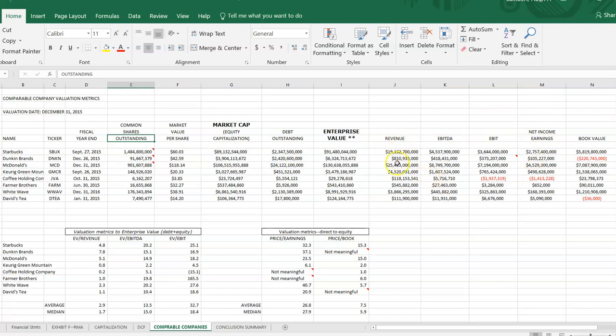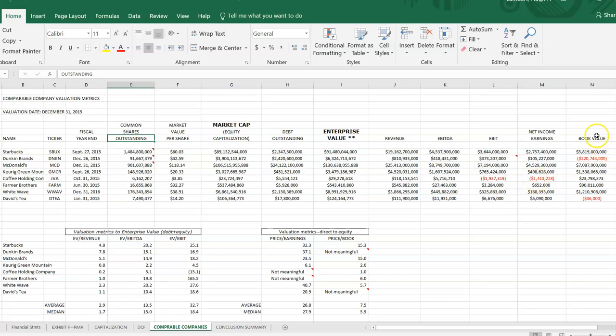So we have revenue, which is our top line on the company's income statement. We have EBITDA and EBIT, and those had to be calculated numbers. We have net income, which is the bottom line on a company's income statement. And you can see some of these are in red and in parentheses, which means this company had negative EBIT and they had a net loss, not net income.